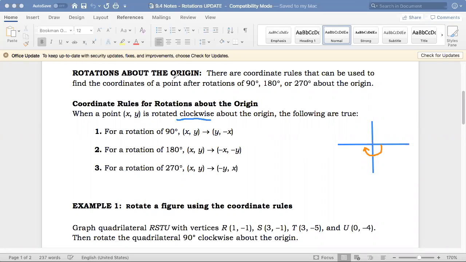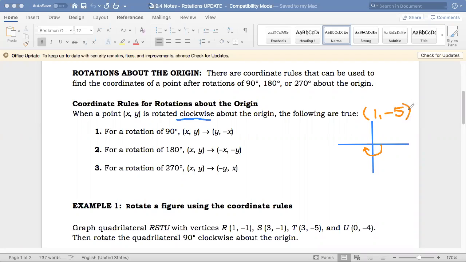Okay. So when we do a rotation, for all of these, let's take a look at a coordinate. Let's say we have the coordinate of 1, -5.